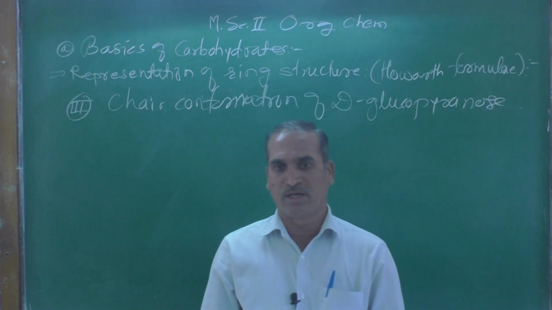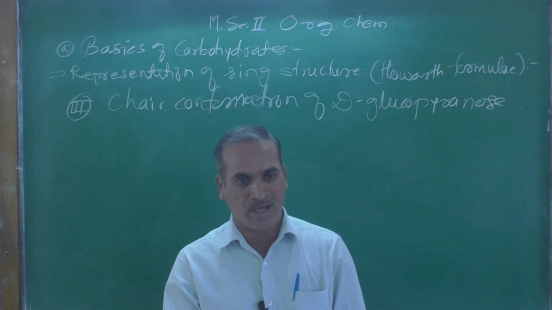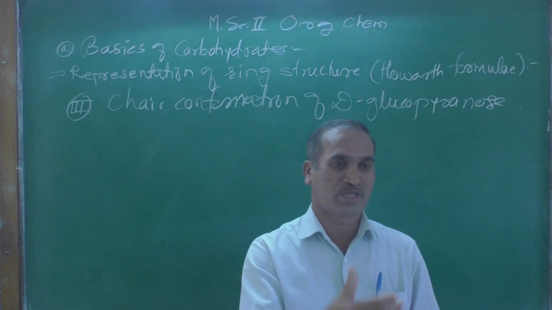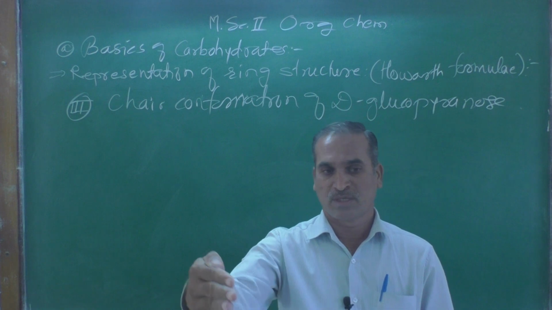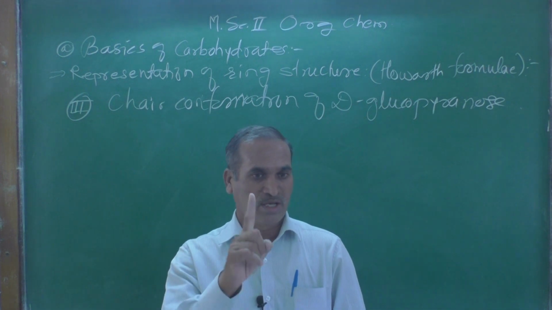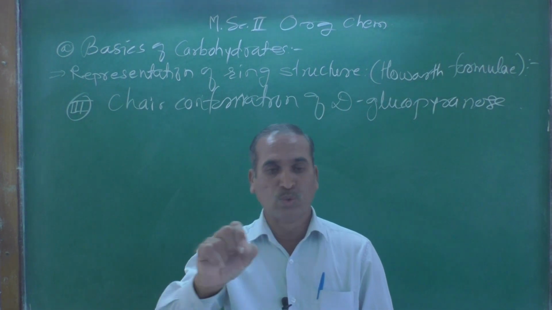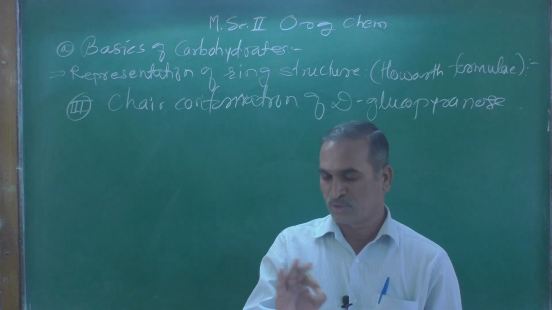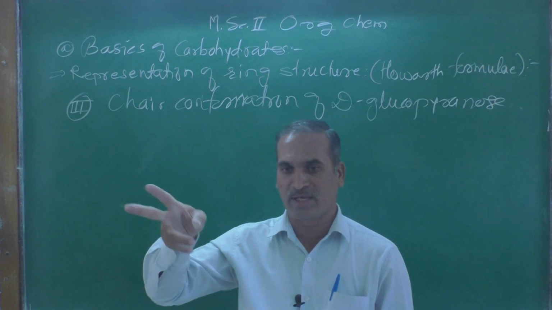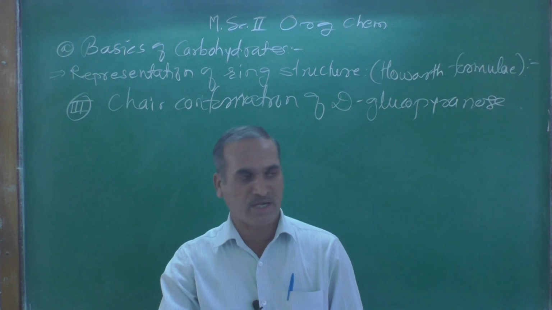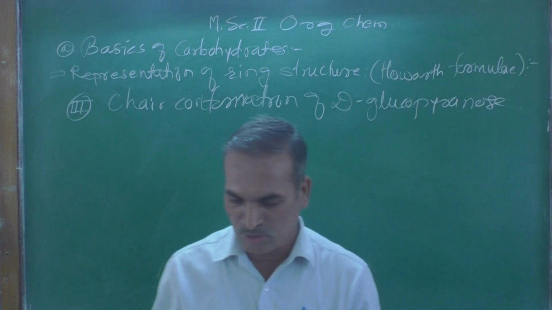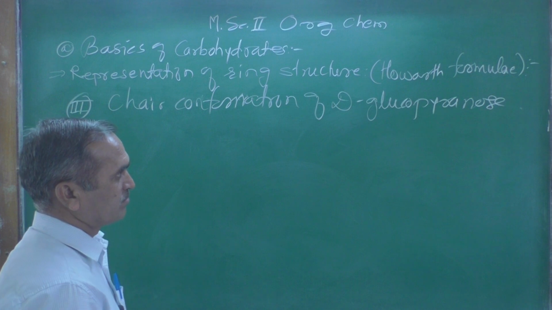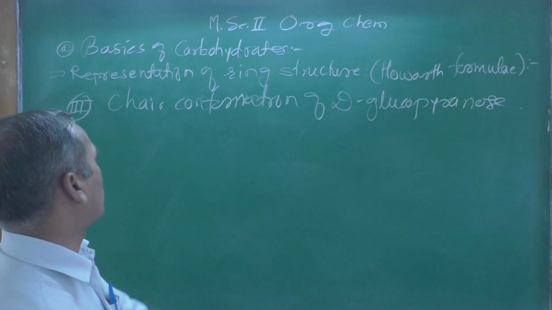And equatorial bonds, what do they mean? They are parallel to the adjacent bond, projecting away, just like railway rails, going parallel, they never meet each other. That type of bond is known as an equatorial bond.